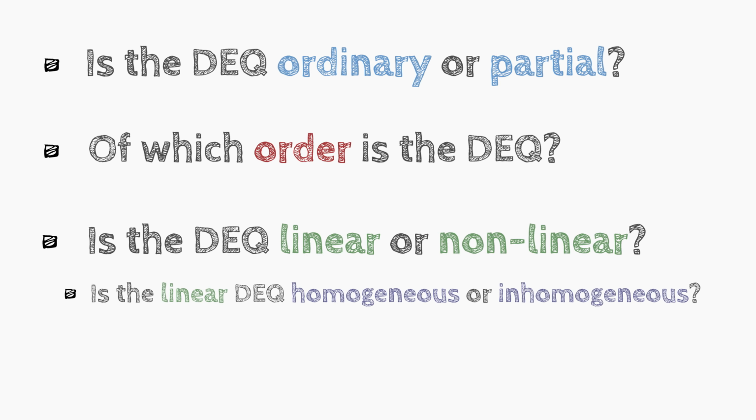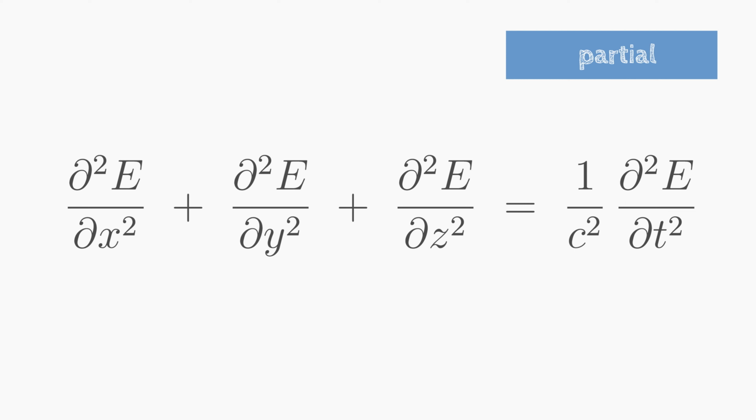classification. Our equation for the oscillating mass is an ordinary differential equation. Ordinary means that the function y we are looking for only depends on one variable, in this case on the time t. The wave equation, on the other hand, is a partial differential equation.